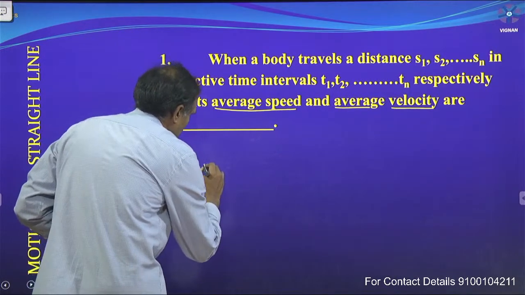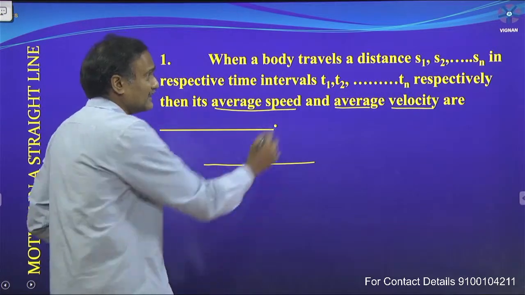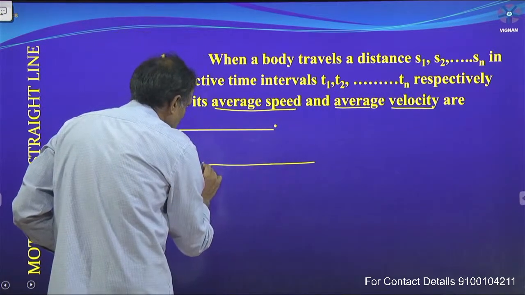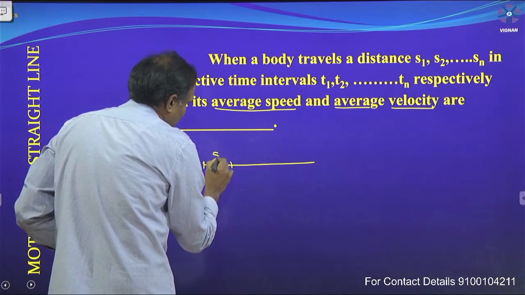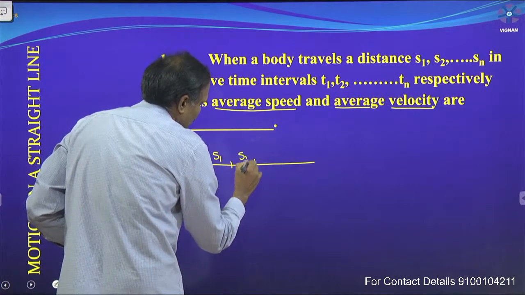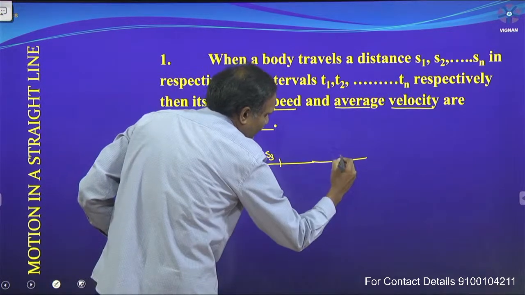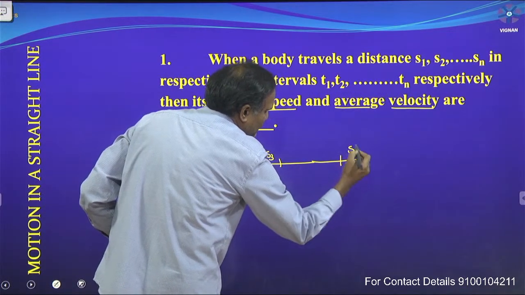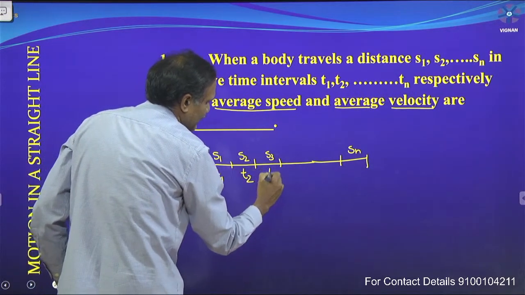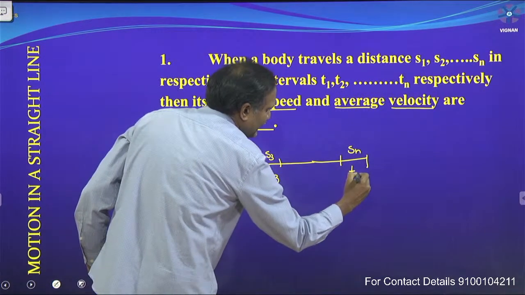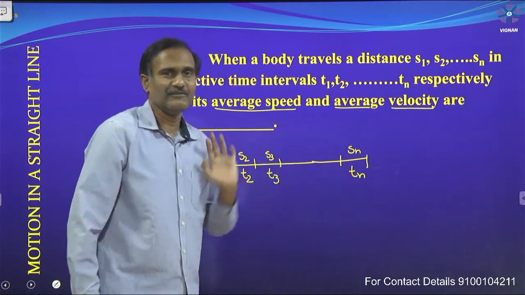Now observe this problem. A particle moving along the same straight line covers the distances s1, s2, s3, and so on up to sn in respective time intervals t1, t2, t3, and so on up to tn.